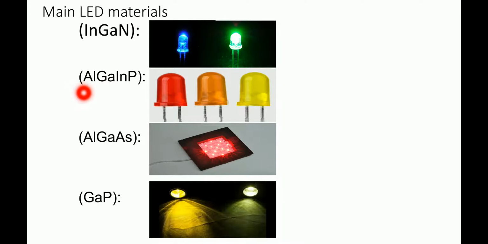Second, aluminium gallium indium phosphide, which is used for the manufacture of yellow, orange and red high brightness LEDs. Third, aluminium gallium arsenide, which is used for the manufacture of red and infrared LEDs. And fourth, gallium phosphide, which is used for the manufacture of yellow and green LEDs.